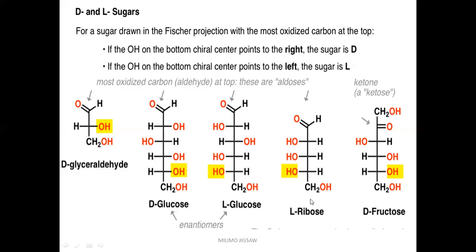Then how many chiral carbons are there in fructose? There's 3 as well, right? Is this carbon chiral?